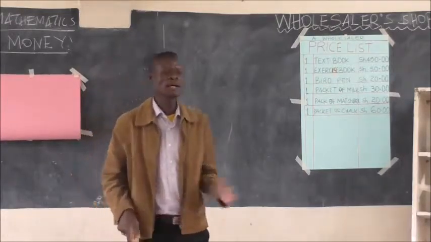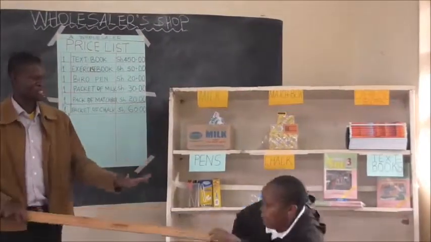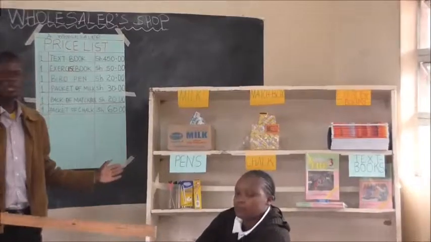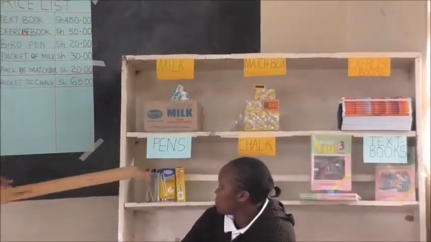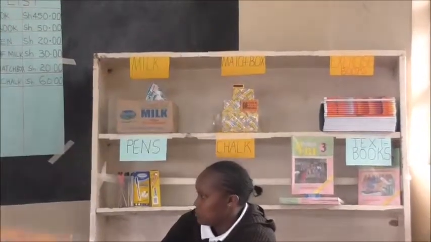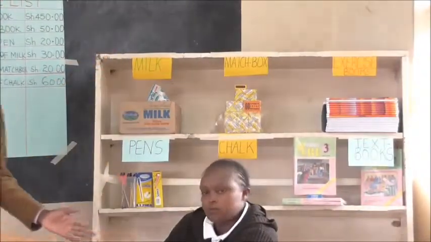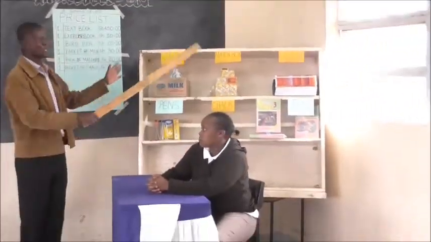As you can see here, on this side, we have the same shop that we had, but at this point, this shop will be referred as a wholesale. So the person we are seeing here is the wholesaler running this shop.